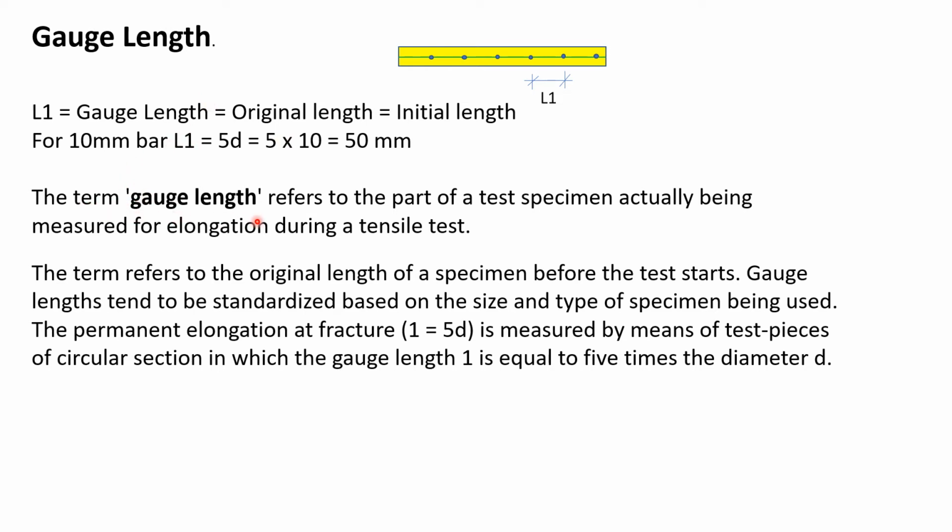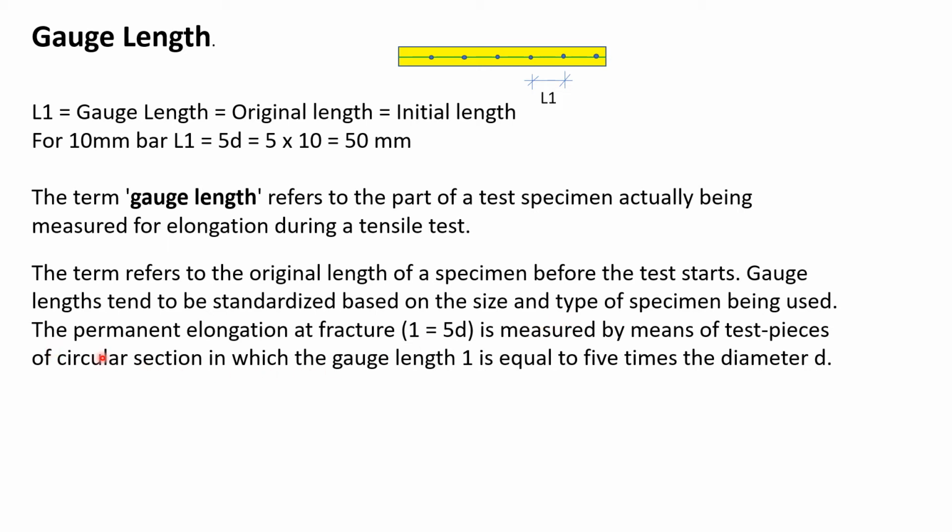The term gauge length refers to the part of a test specimen actually being measured for elongation during a tensile test. The term refers to the original length of a specimen before the test starts. The gauge length tends to be standardized based on the size and type of specimen being used.